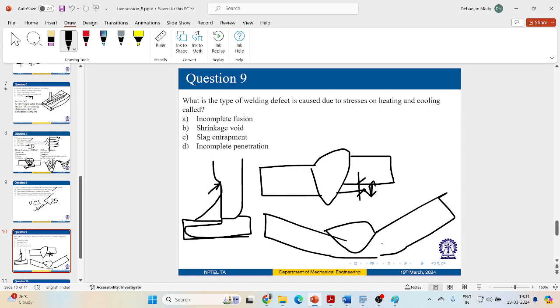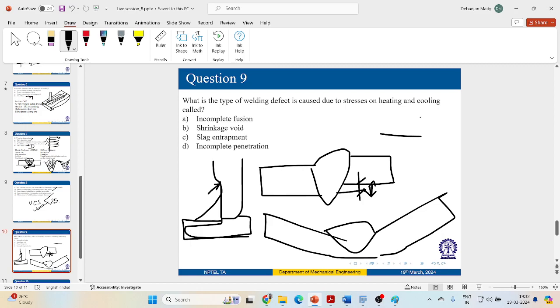Then you can have some excessive convexity, excessive concavity, due to some change in welding current or travel speed, right? Depending on your welding current, you can deposit so much metal that there will be convexity in your weld metal.